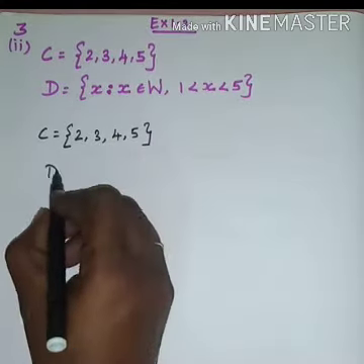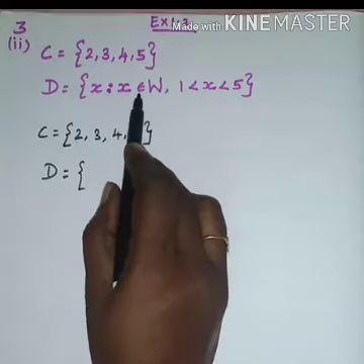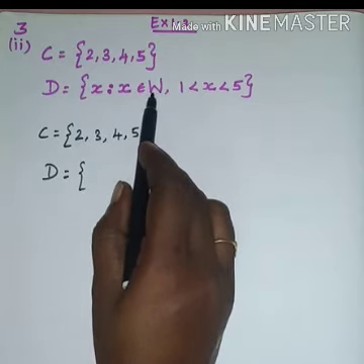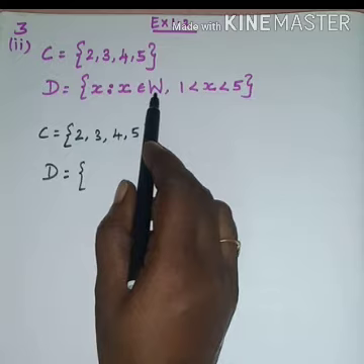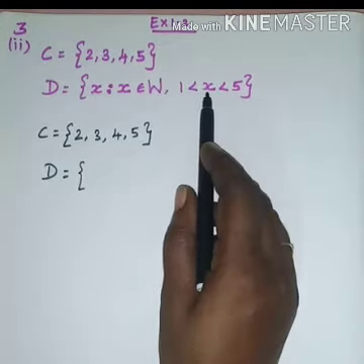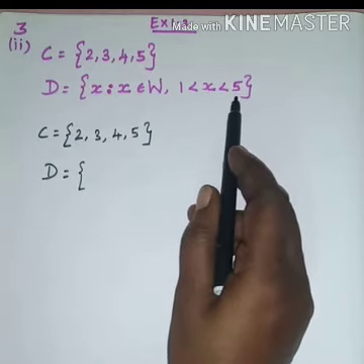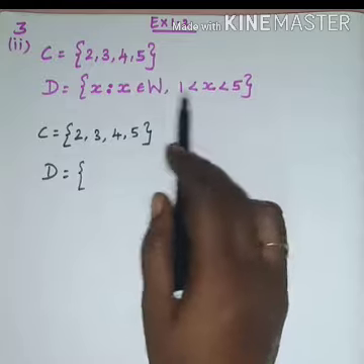And D is equal to x such that x belongs to whole number. Whole number starts from 0 and 1, 2, 3 and it goes on and on. Next, the condition for x is x lies between 1 and 5. So what are the elements for x?